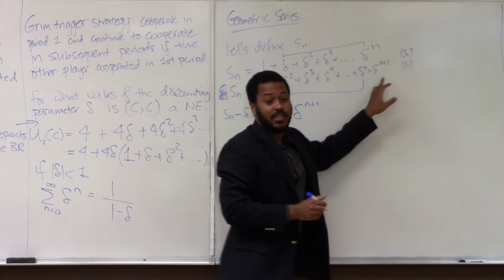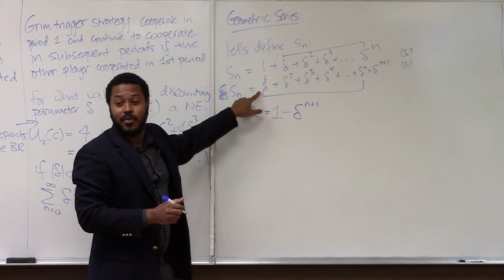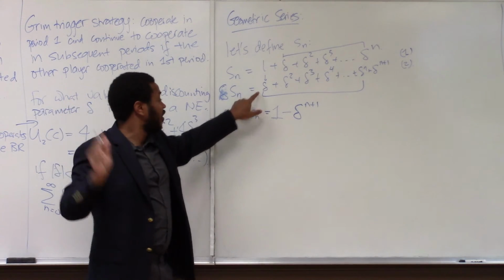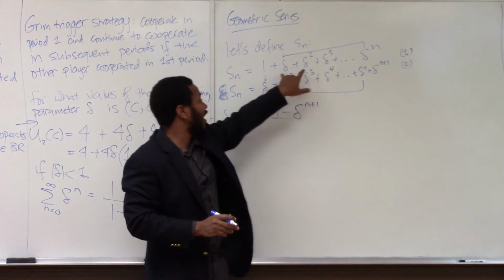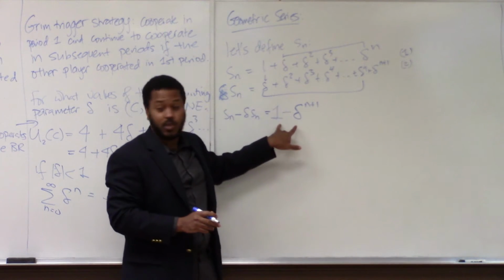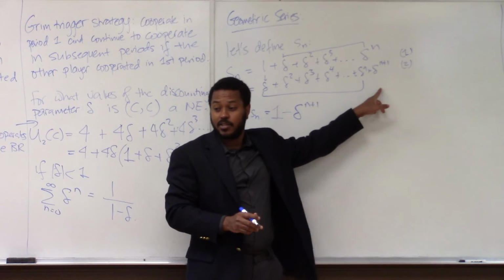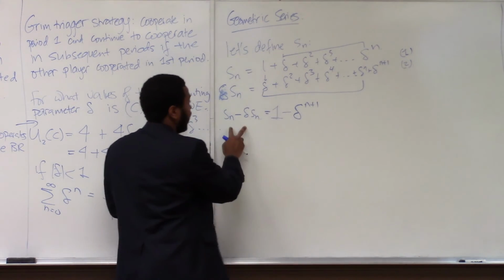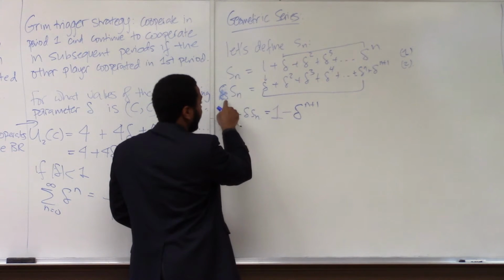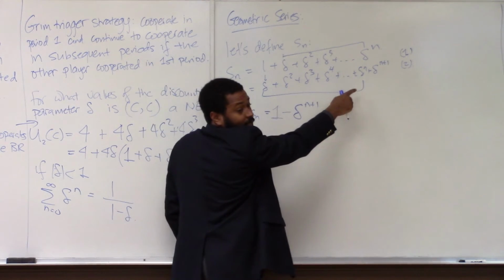Did it make sense how we got here? Everything here subtracts out, and we're just left with the two endpoints: the 1 from equation 1 and the delta to the n plus 1, which is not canceled. If you look at delta Sn, it has all of these terms, delta all the way to delta to the n.